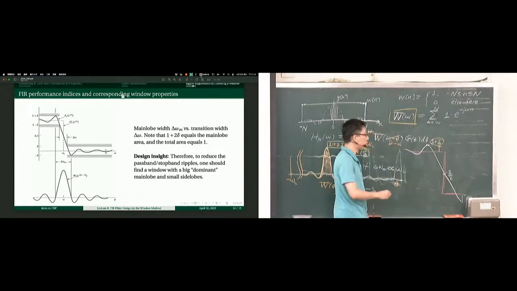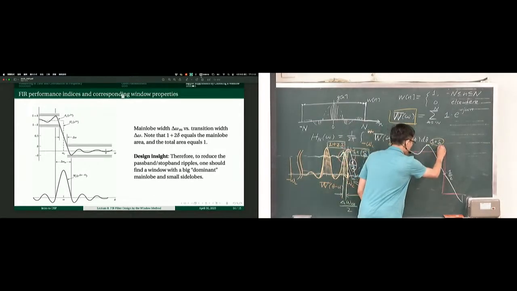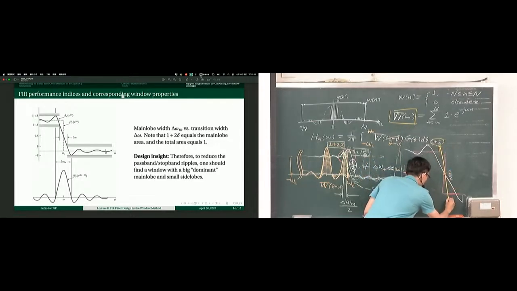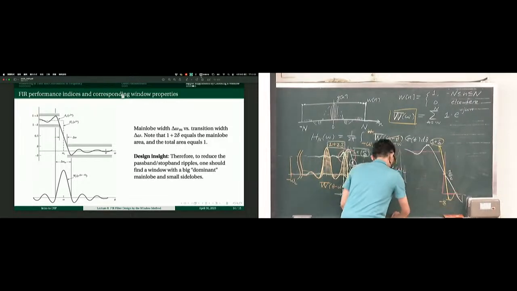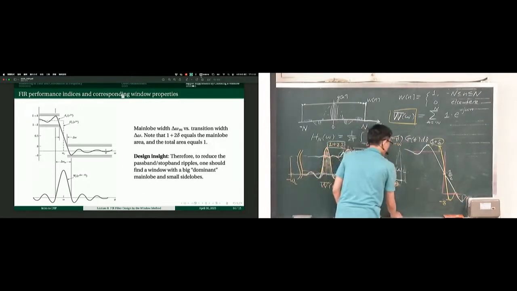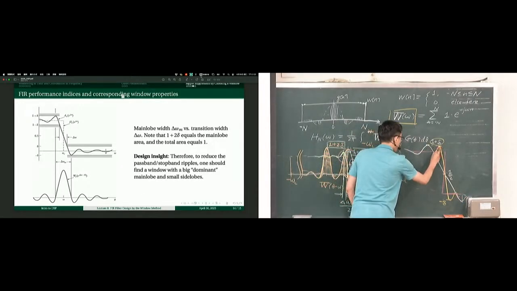But now the transition becomes narrower, and it undershoots to minus delta right there, and then goes up. So that's what's going to happen. We still have this tiny but non-zero peak deviation from the ideal.